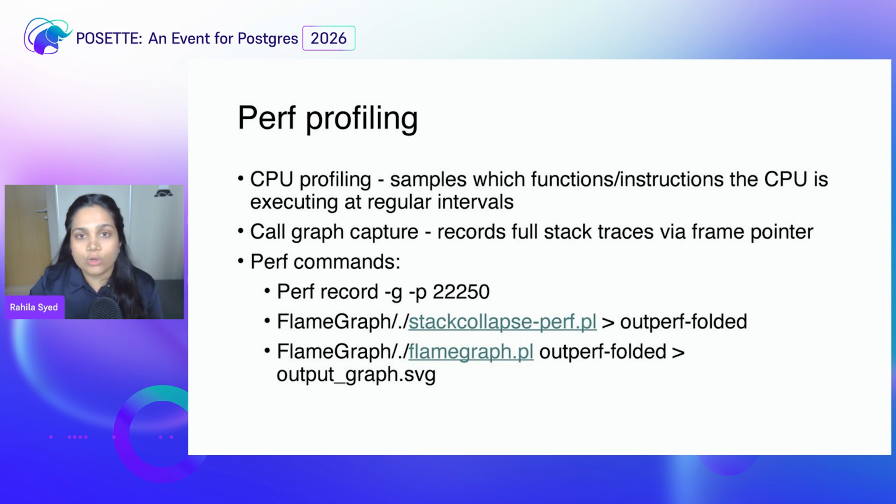It also contains a call graph structure which records the full stack traces. The commands that I've used for profiling are shown on the screen. Perf record generates perf.data, which is then used by a tool called flamegraph, which is used to visualize these call stacks and make them easier to understand.